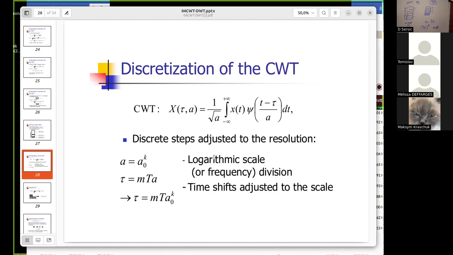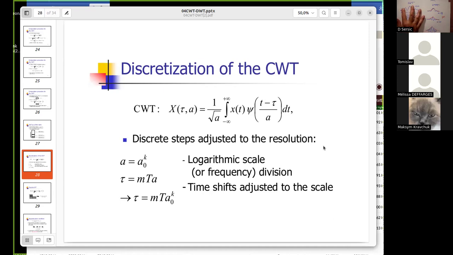And what happens to our shift tau? It makes no sense to have linear discretization of the tau, because our functions are of uneven length. Here they were all equal.